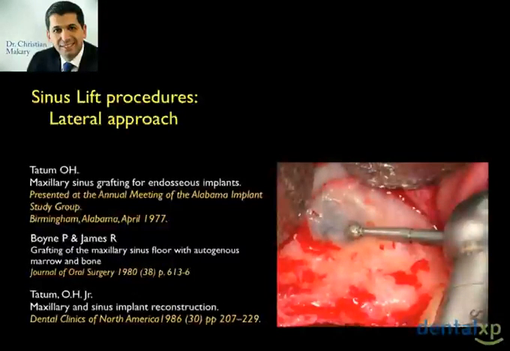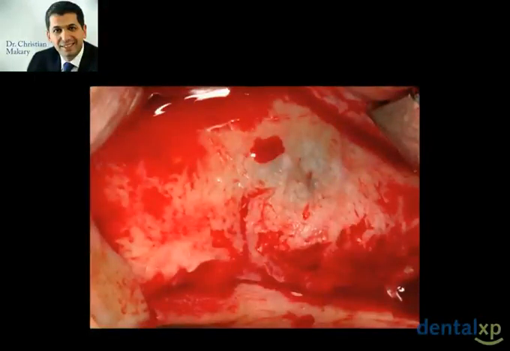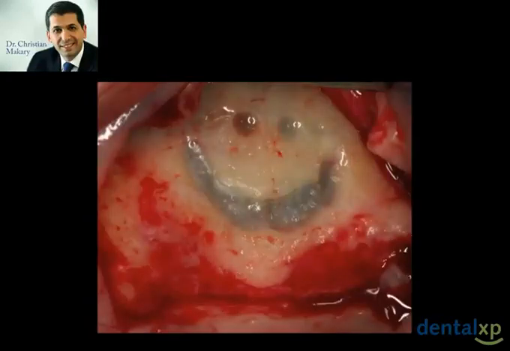This technique consists of raising a flap in order to access the bone that covers the sinus, the thin buccal bone, and then with the use of drill instruments or some piezoelectric instruments, we can access the Schneiderian membrane by drilling this bone.